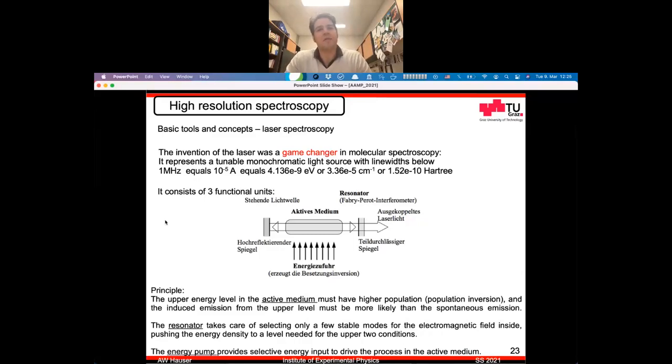And that's what makes the laser so interesting, because you have photons, all of them at the same frequency. So you have this equivalence in terms of energy.